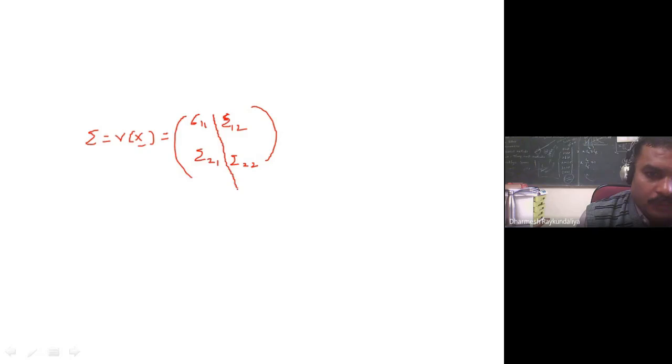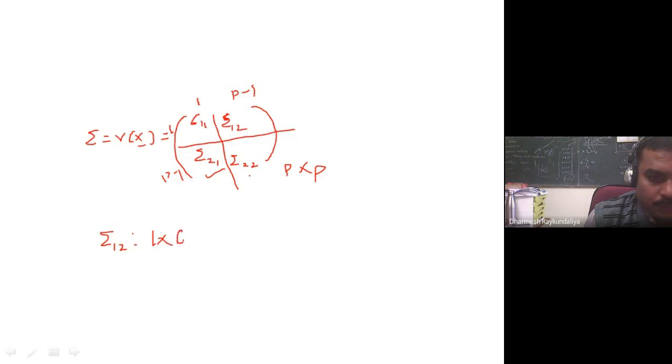So you can see that it is a partitioned matrix. Its overall order is p cross p. This is a scalar, a 1 cross 1. This is a 1 cross p minus 1, this is a p minus 1 cross 1, and this is a p minus 1 cross p minus 1. That means sigma 1 2 has the order 1 cross p minus 1.